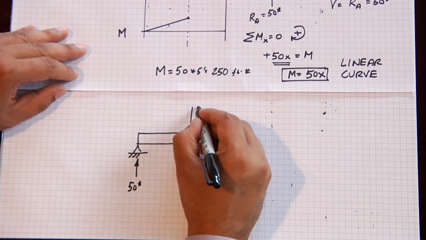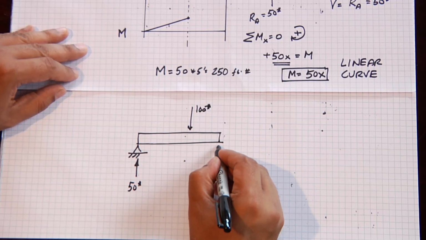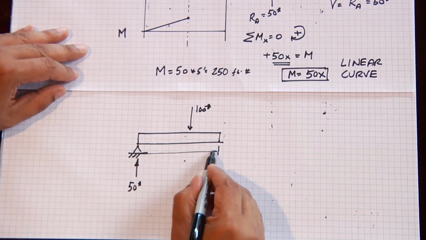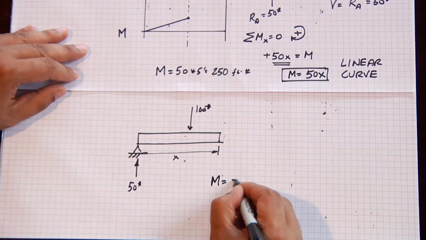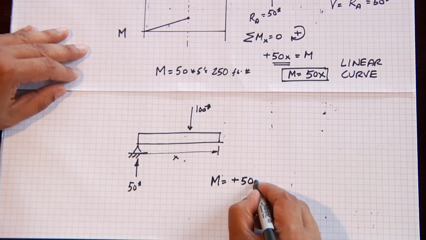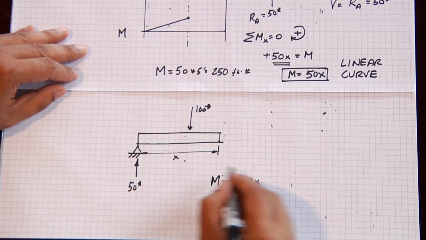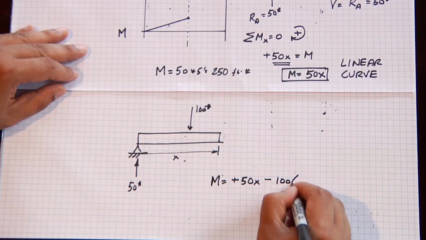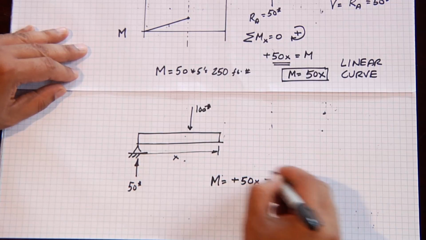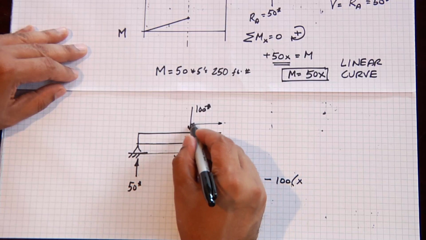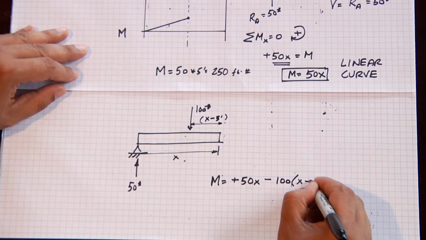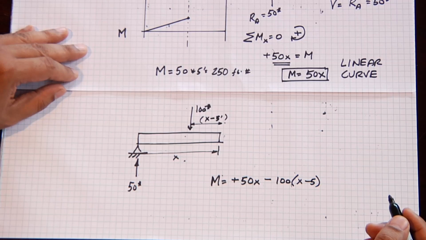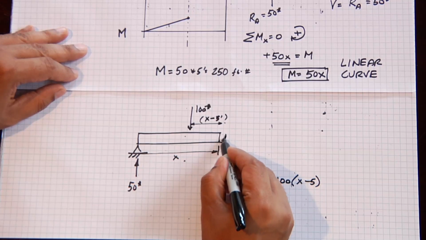We have our downward force of 100 pounds, but now x is over here past the center point, and so our moment is plus 50x minus 100 times this distance over here, which is x minus 5. So it's 100 times (x minus 5). That gives us the moment past the center line.